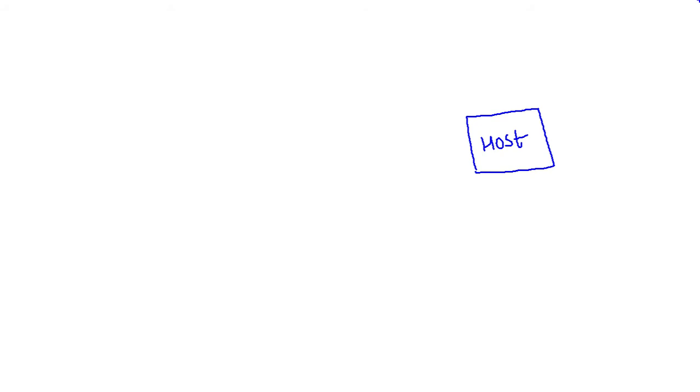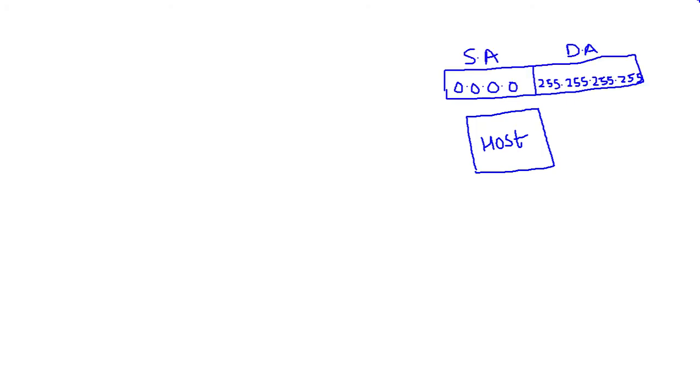Now, if some host wants to be a part of a network, it doesn't know what its IP address is. So what happens? The default IP address that is set is 0.0.0.0, and the destination address is the broadcast ID. It forwards this query packet to all the hosts in the network.